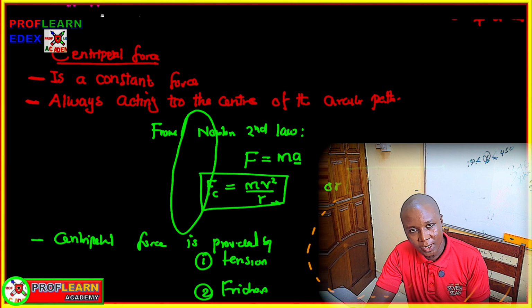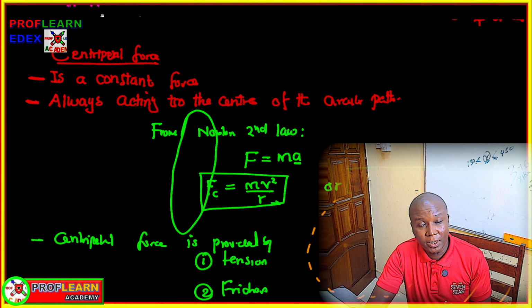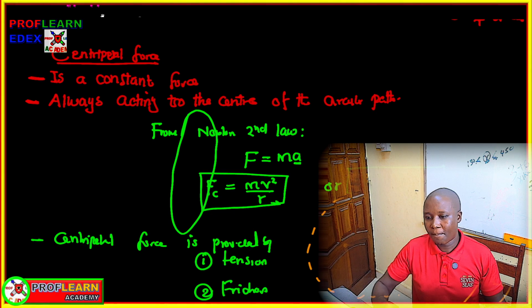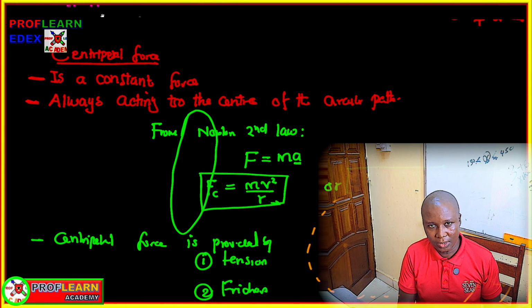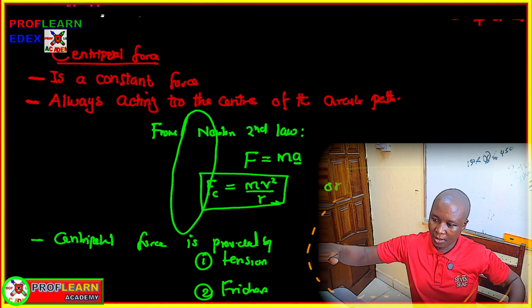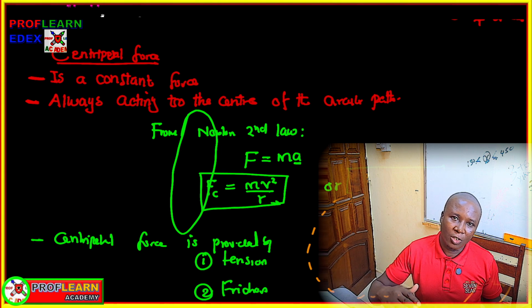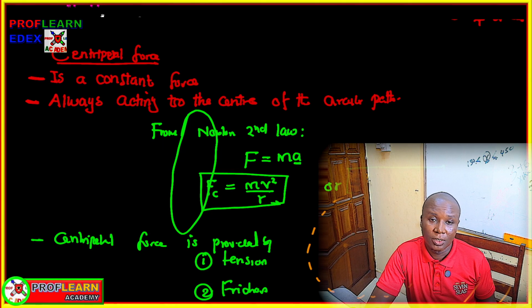But also if a car is negotiating a corner, centripetal force is provided by the frictional force between the wheels and the road. If a plane is banking and negotiating a corner, then one of the components of the lift force is going to be providing the centripetal force.